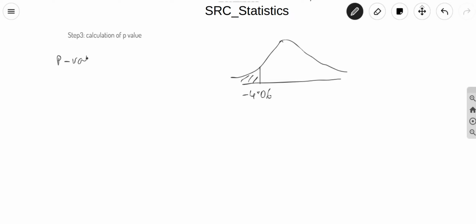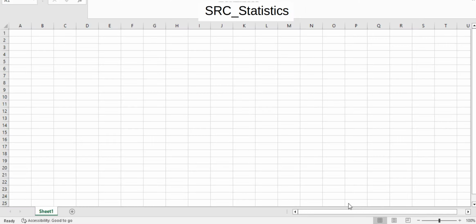So the formula for p-value will be probability that t is less than negative 4.06. Okay. Now we find out the value of this probability with the help of Excel. As I have told you, for t distribution the calculation is not possible manually, we need some software.